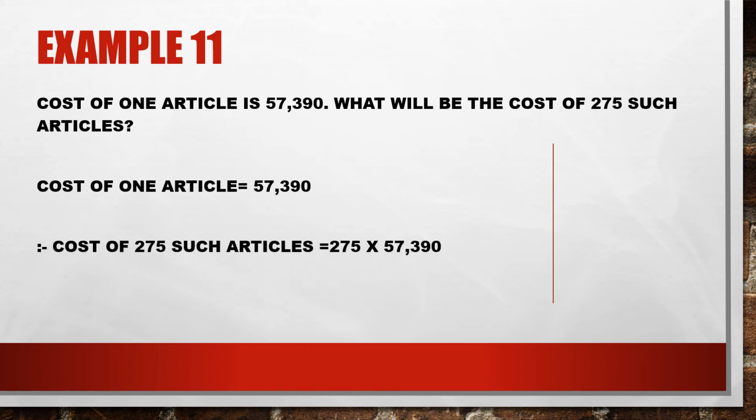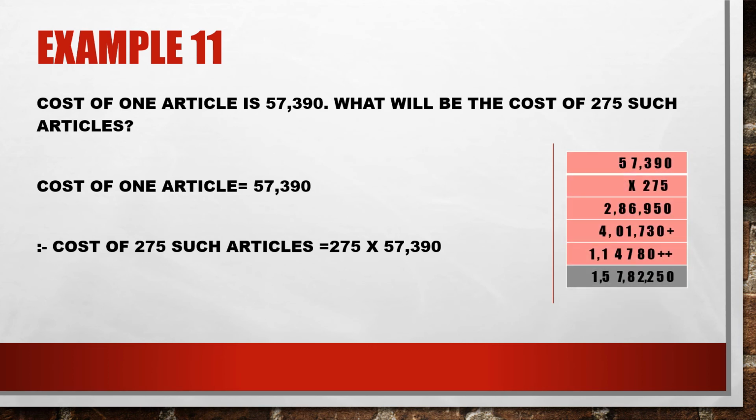Therefore, cost of 275 such articles. So we know the price of one article, that is 57,390. If we purchase 275 such articles, how much you need to pay? So you should multiply 275 with 57,390 and your answer will be 1,57,82,250. This is your answer.